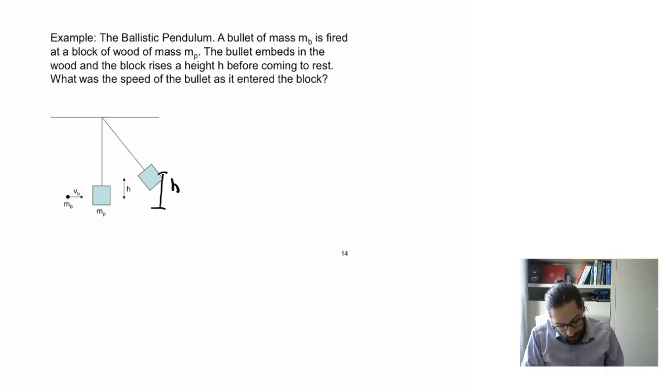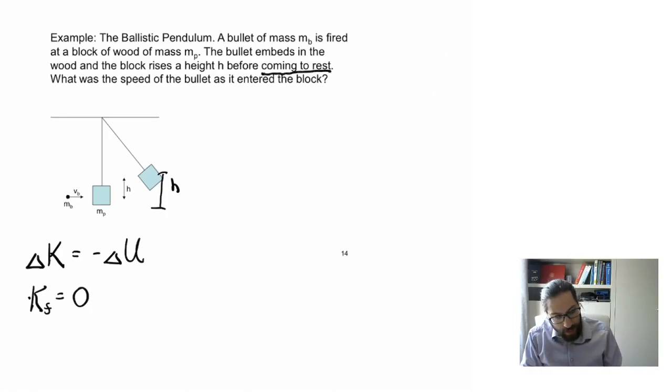Okay? So we're going to say delta K is minus delta U. K final is 0, right? Because the block is at rest.